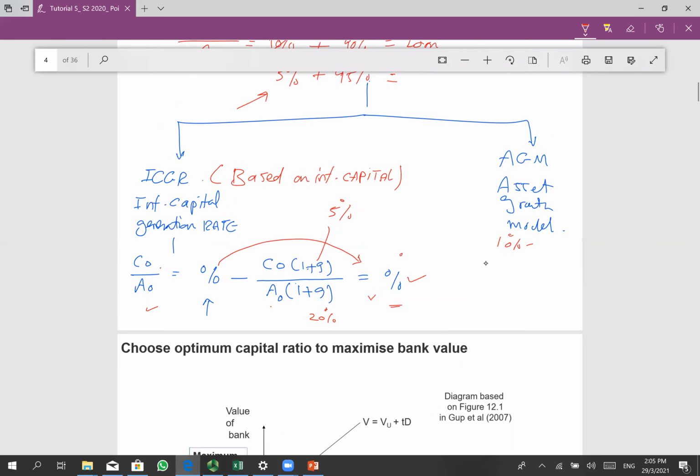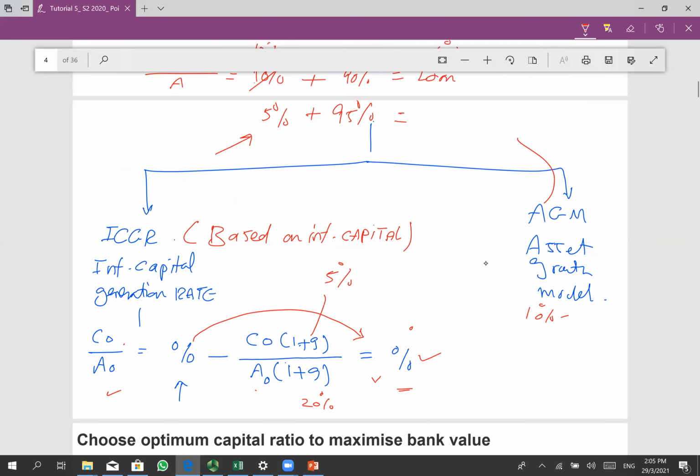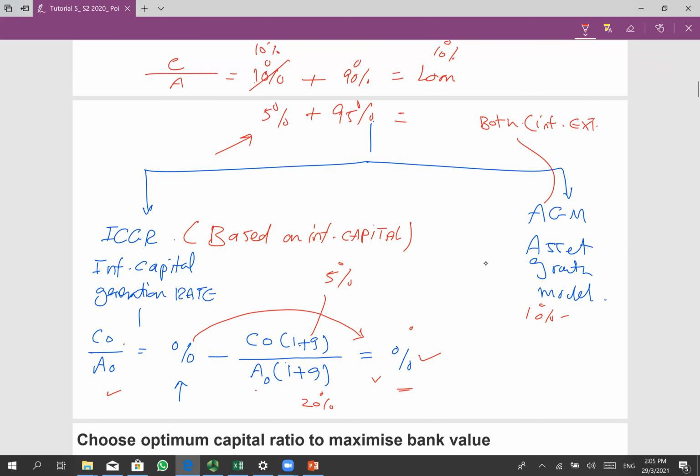This is based on both internal plus external capital, which means I can get whatever I can get from my internal, but if my growth is high, I will go and look for external capital, which means making new issues, issuing new shares or preference shares, or issuing hybrid securities, whatever, to increase this.